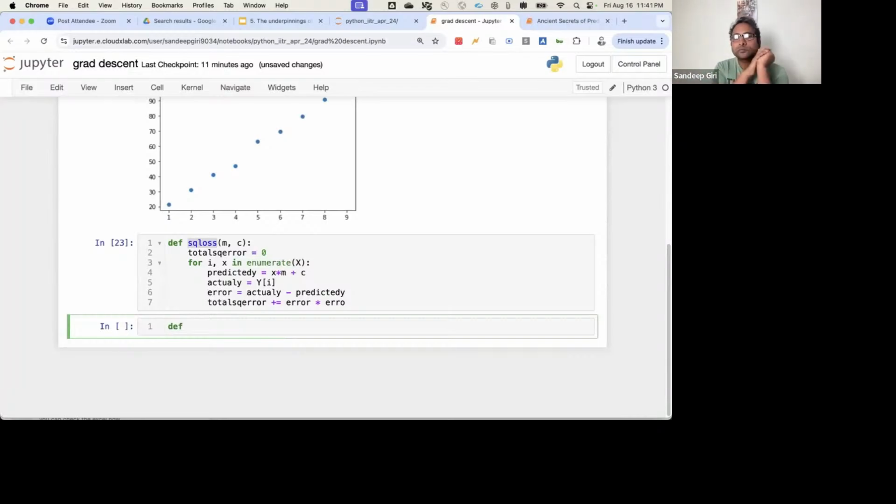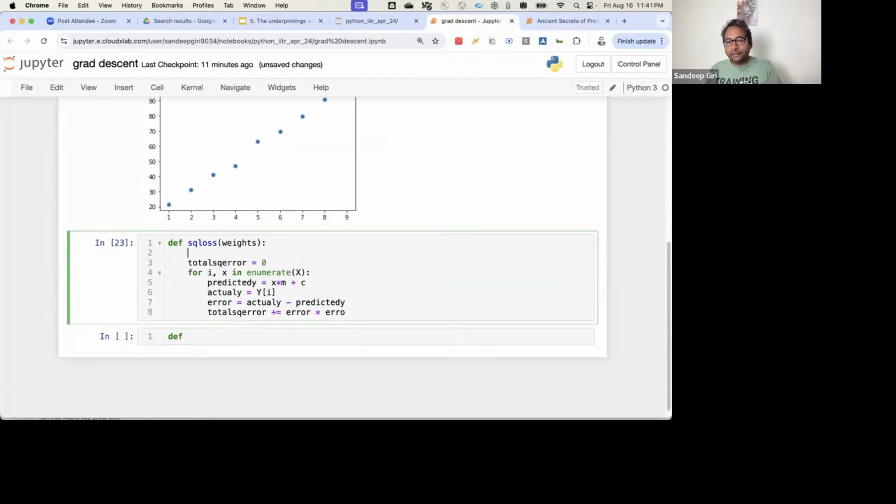Now, one important thing I want to do is pass these values like an array, and I want to say M comma C equals weights.